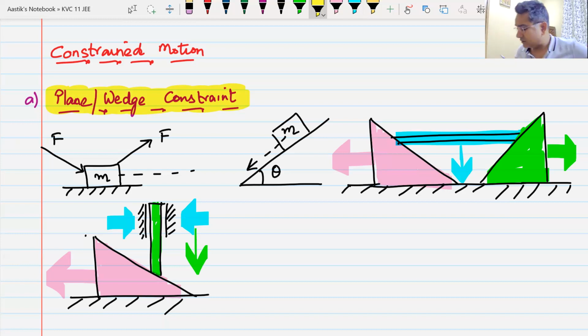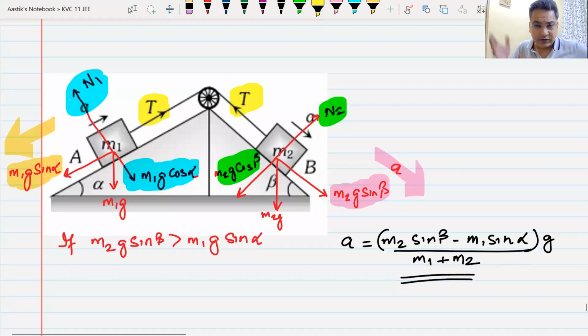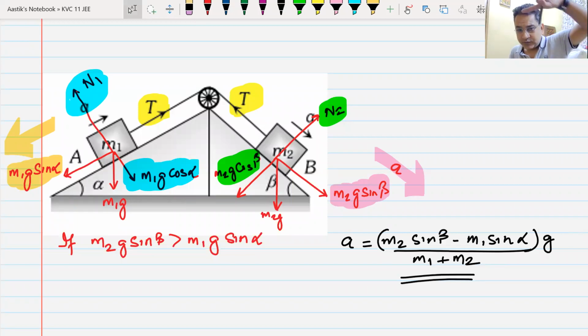We've already seen examples of this plane constraint or wedge constraint, and that is why we started with this. In fact, wherever we saw it in the previous problem, this was also an example of plane constraint. The M2 block can either go down like this or go up like this.